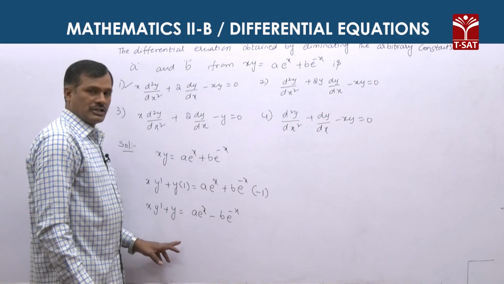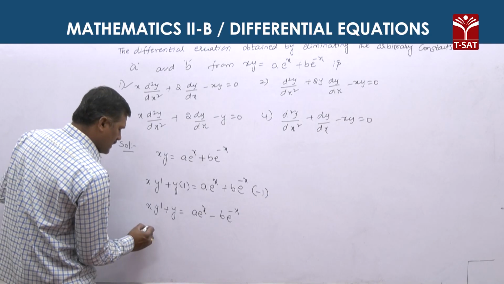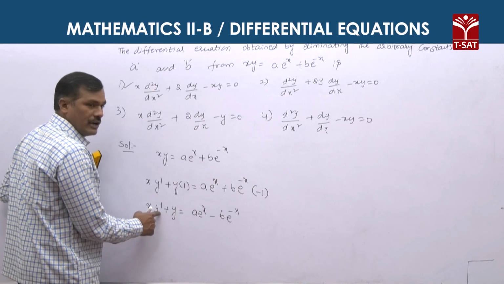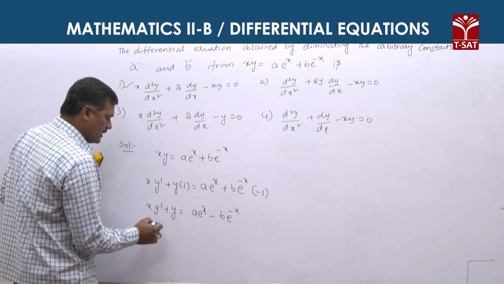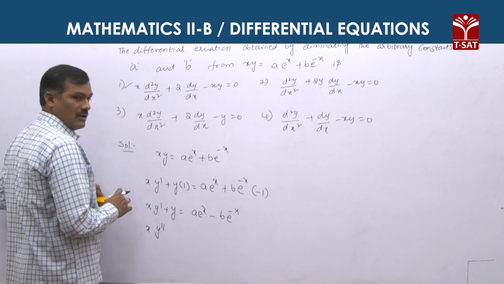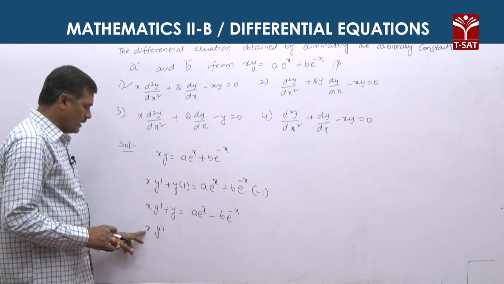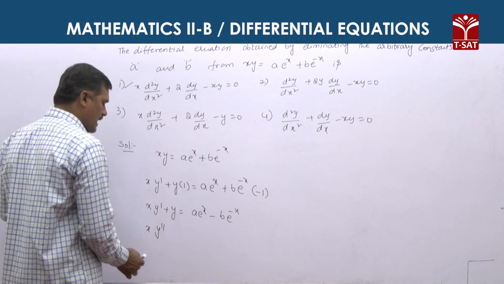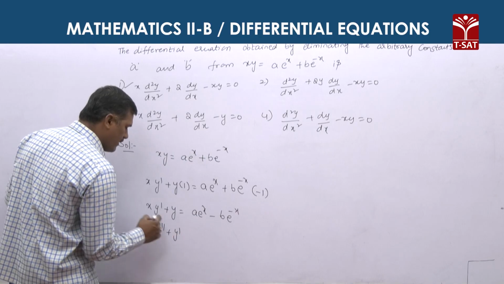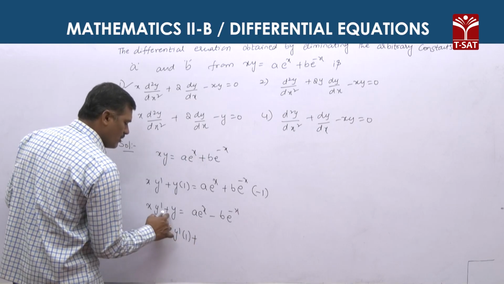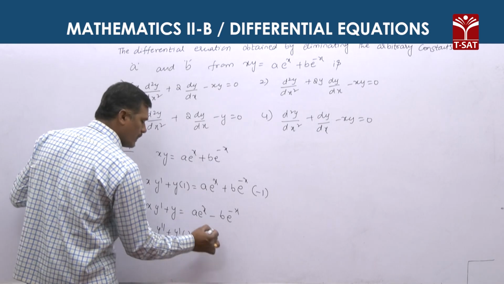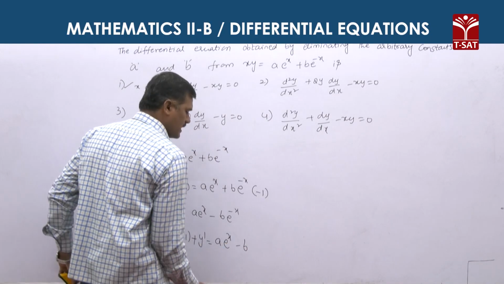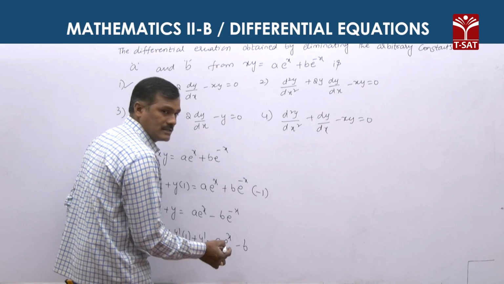Next, again differentiating with respect to x. x into y dash, where y dash means dy by dx. By the UV rule, x into y dash: u is x, v is y dash. x into derivative of y dash, which is y double dash, plus y dash into derivative of x, which is 1, plus y derivative y dash, is equal to a into e power x, derivative e power x, and next minus b constant, e power minus x derivative minus of e power minus x.